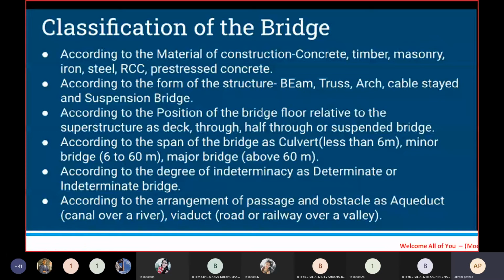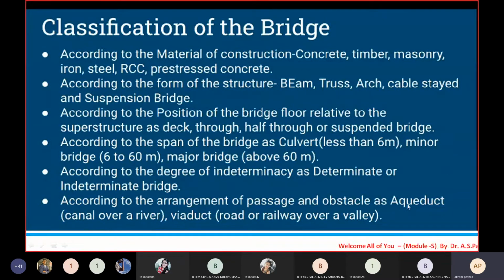If you construct a bridge for the canal or a river, and the river flows below the bridge, then we call it an aqueduct. Viaduct means a road or railway over a valley. If you construct a bridge over a valley, for the crossing of a road or railway, then we call it a viaduct. So according to the arrangement of passage and obstacles, the bridge is classified as an aqueduct or viaduct.